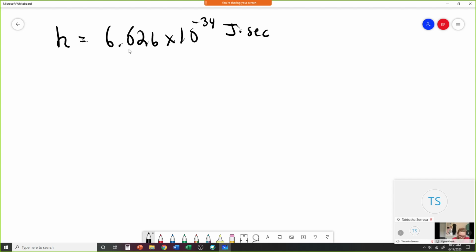That's joules times seconds. And actually it goes off a whole bunch of decimal places. It's in the book. It's 6.626066957, and believe it or not, there's a lot more decimals behind it. It's a very well measured number.